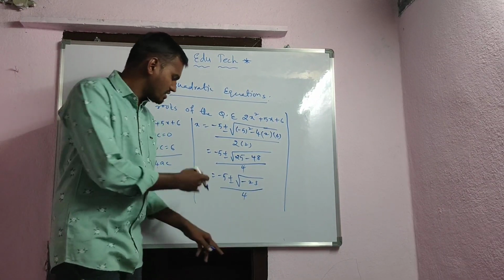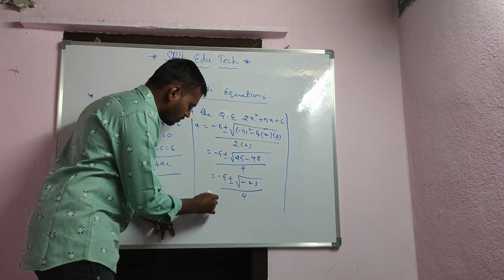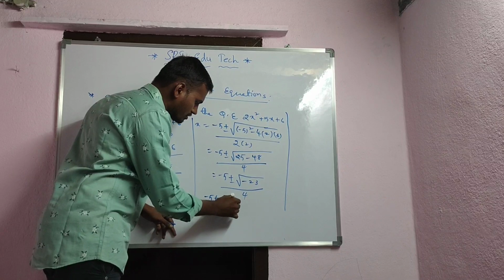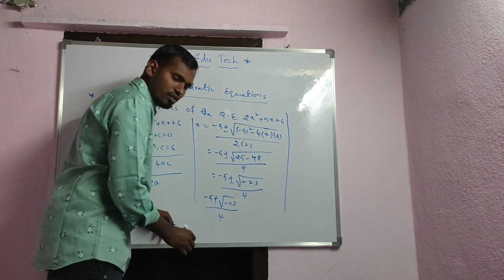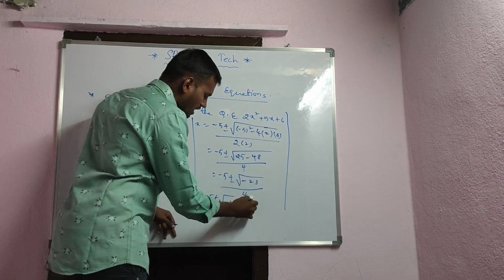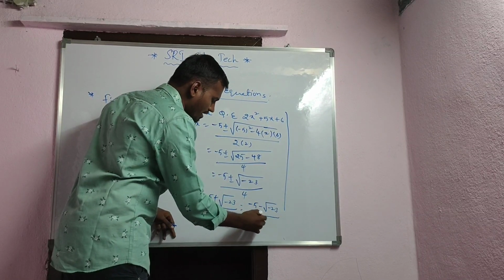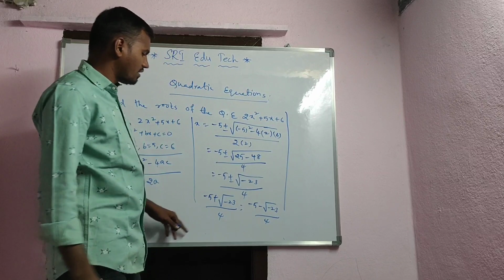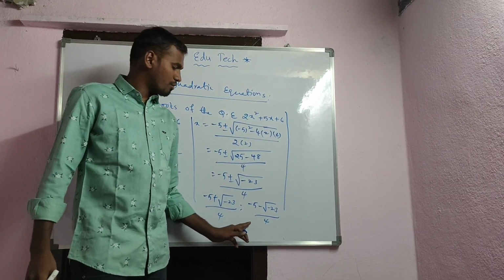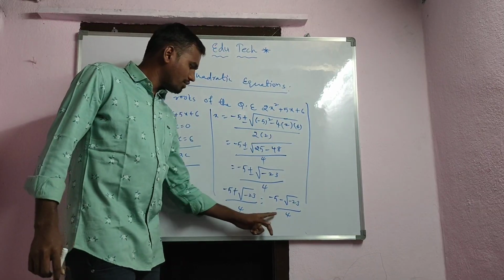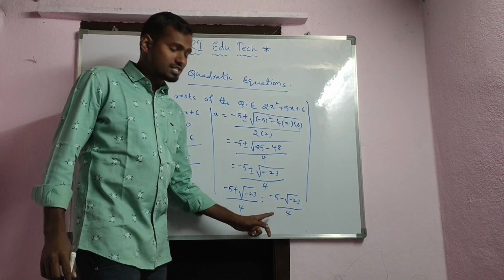Let us see here. Minus 5, I am writing first plus, plus under root of minus 23 by 4. Okay, and minus 5 minus under root of minus 23 by 4. Right? So these are the roots of the given quadratic equation. You have no real roots, it is imaginary.